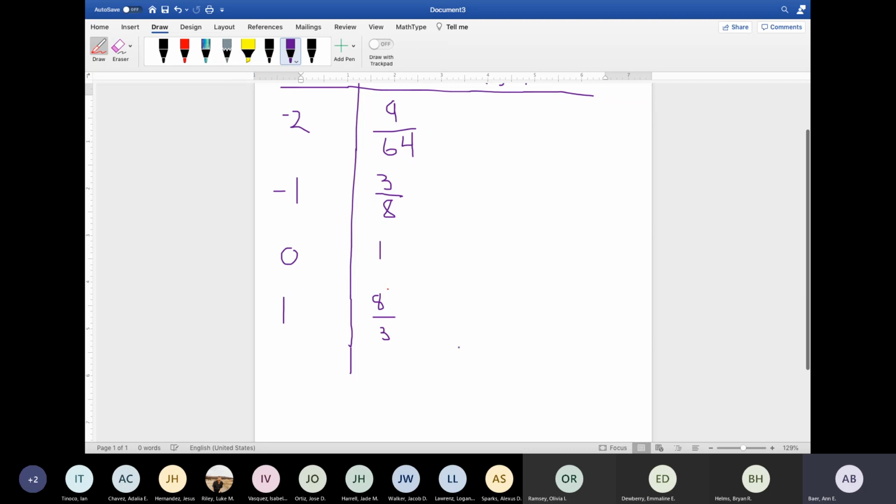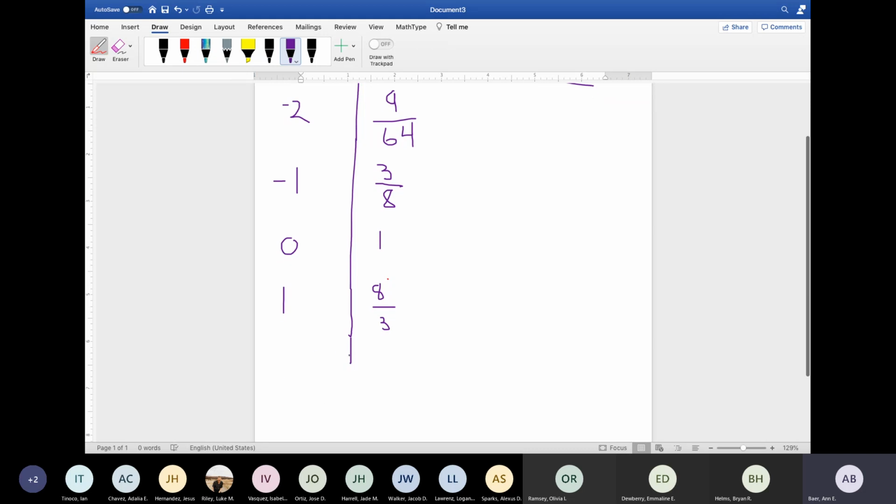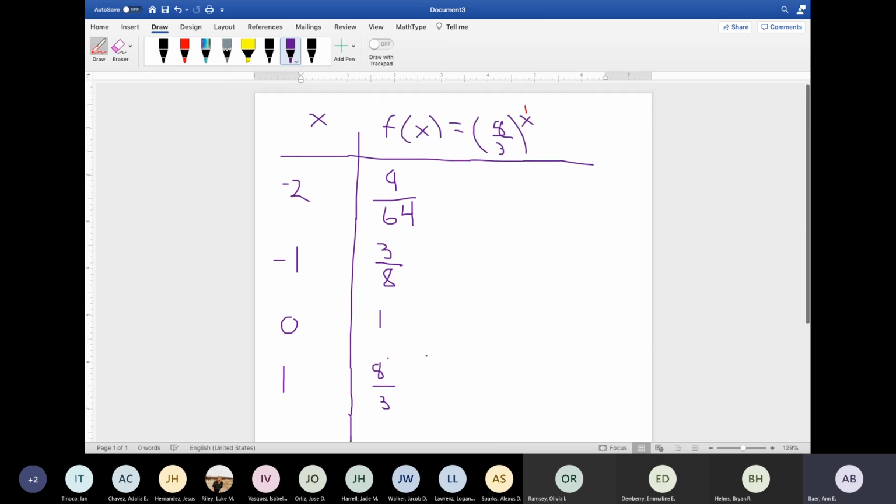And then we need to look at 2. So let me write down a 2 down here. So now what we are doing is taking out this 1, putting in a 2. So we get 8/3 squared.